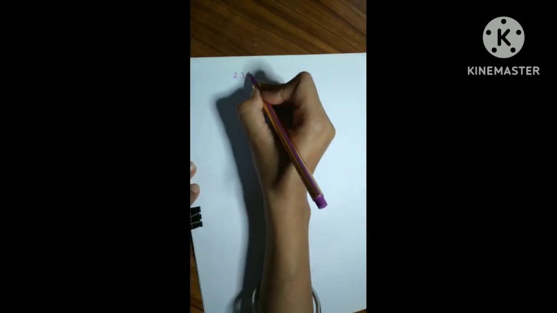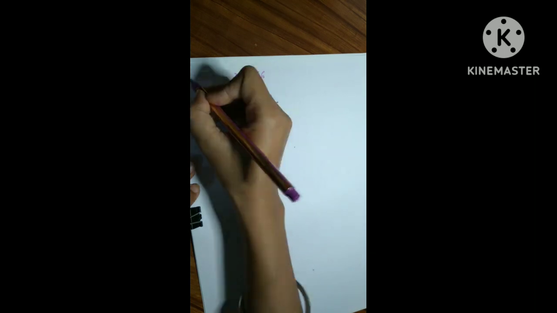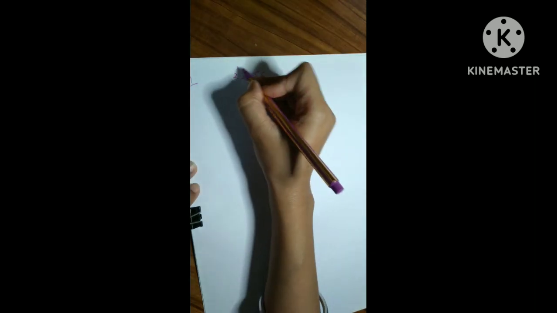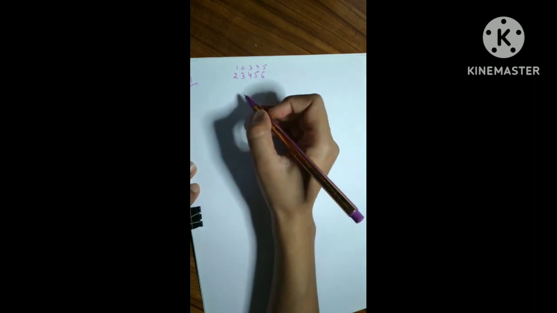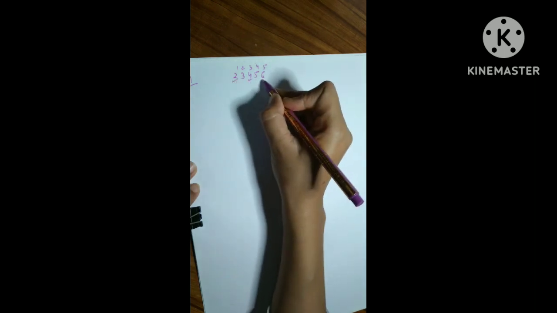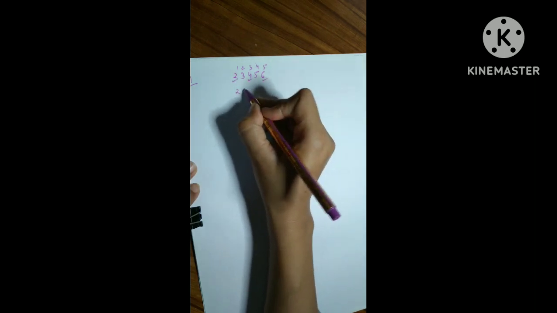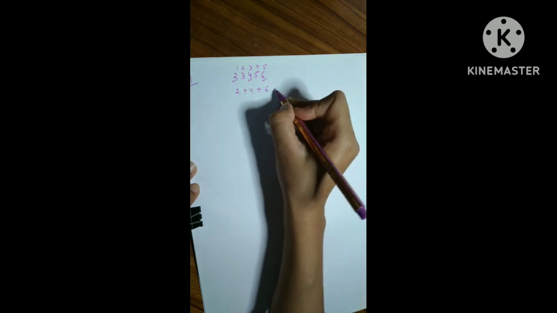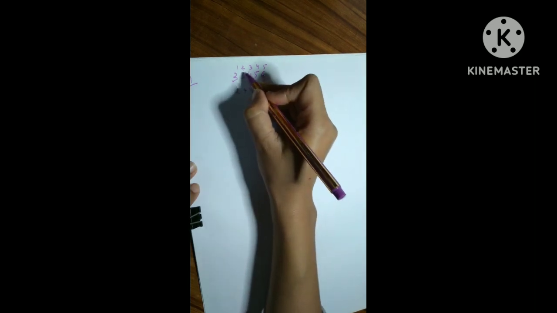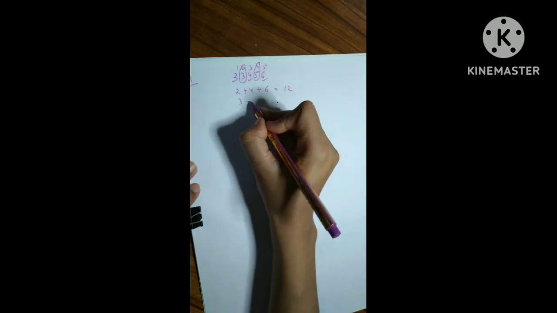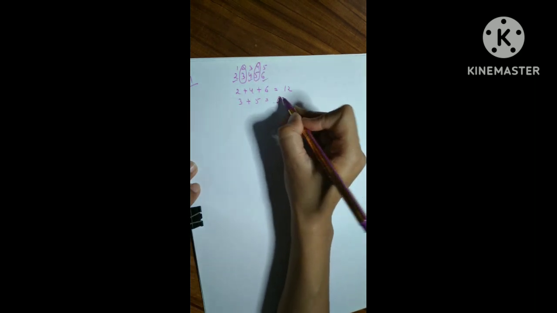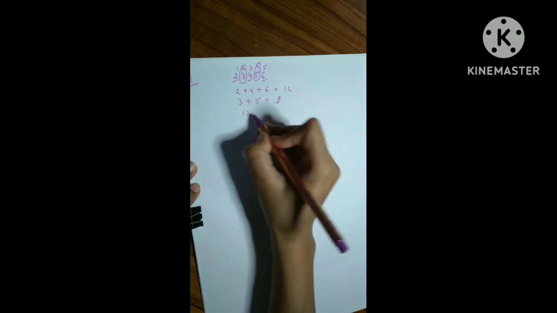Divisibility by 11. 11 says we have to number it. Let's add the odd places numbers. Even places. Let's subtract it.